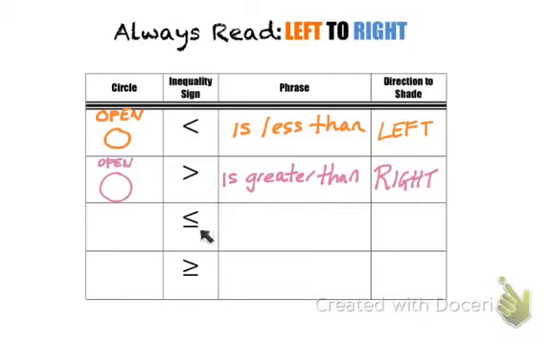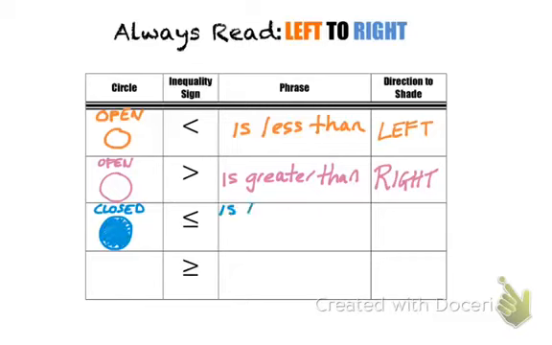The next two have that line underneath. So because we have that line underneath, we are actually going to include the value that we find in our solution or that actual restriction that we want. Like we're including that answer. So we're going to have a closed circle on our restriction, which means that we fill in our circle.